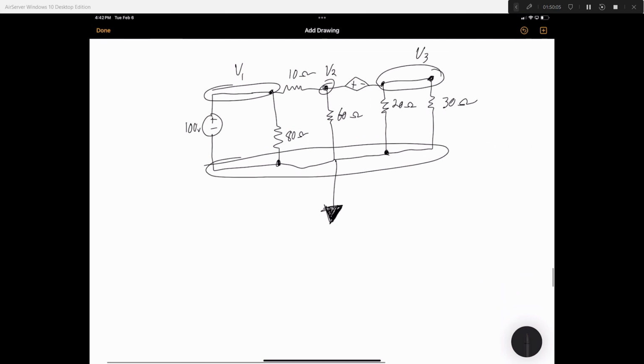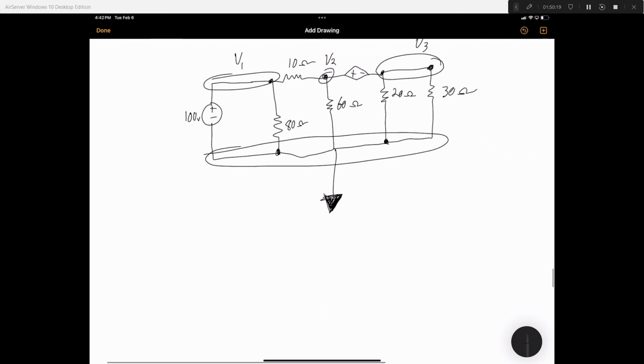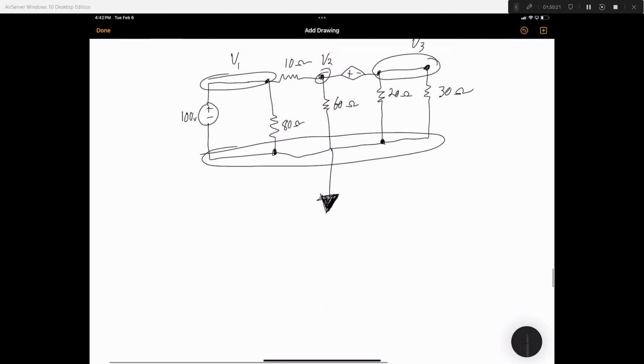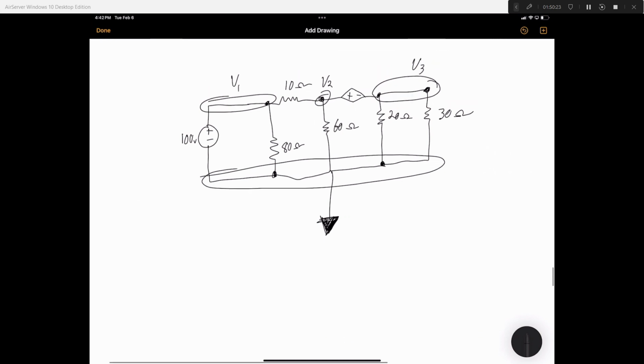Let's do a KCL. Matter of fact, we don't really have to do a KCL at V1 since it's known. It's a known source. We already know it, so we're good there. This is voltage controlled, I think, for V sub triangle.